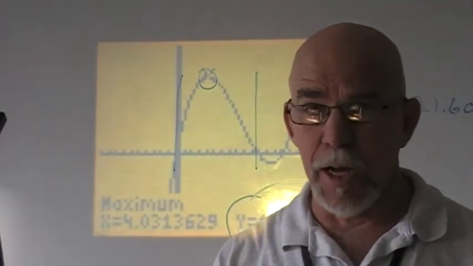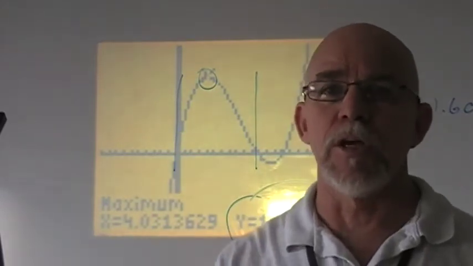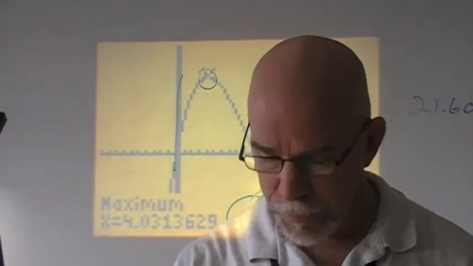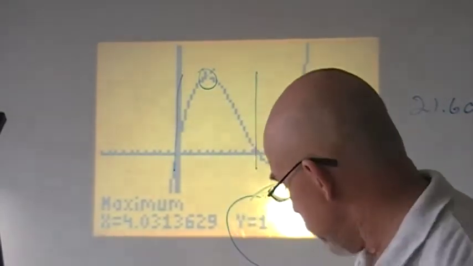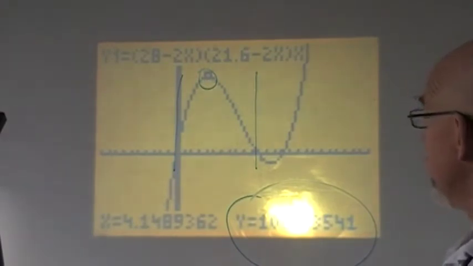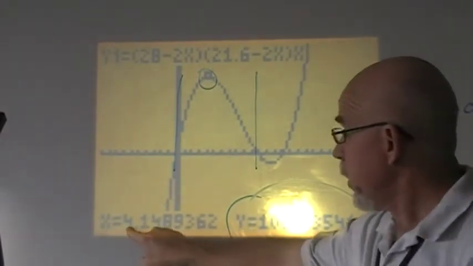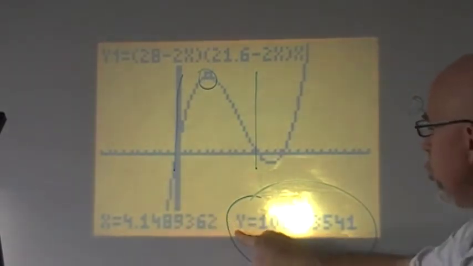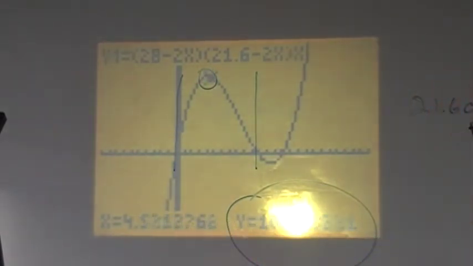That's the box that will hold more popcorn than any other dimension. And I want to demonstrate this real quick. I'm going to hit the trace key, and you watch as the height changes that we're cutting off on the corners. You watch what happens to the volume.